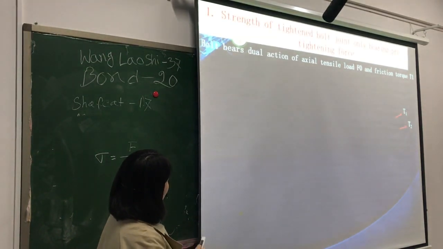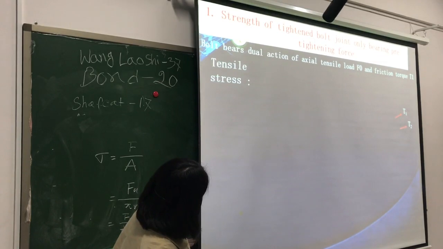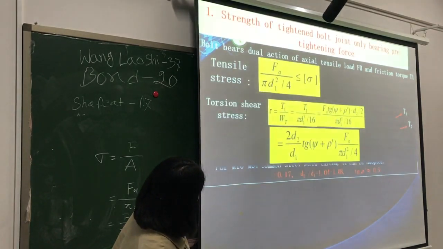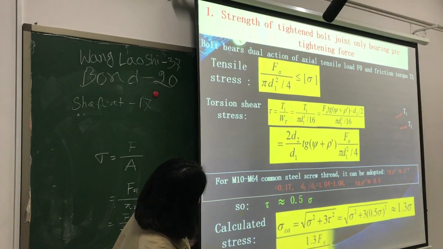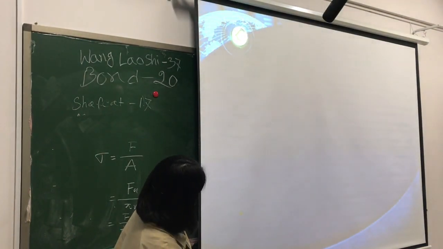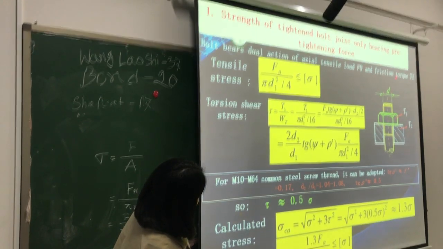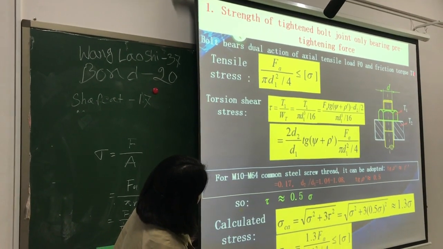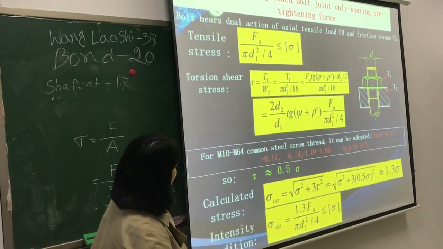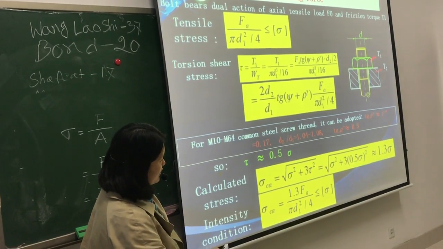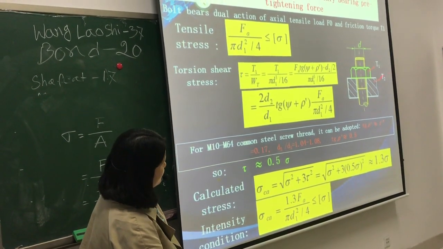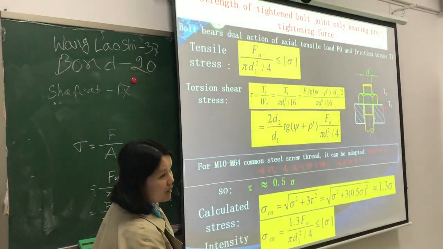In this condition, the bolt bears axial tensile load F0 and friction torque T1. T1 is the friction between the bolt threads, and T2 is the friction of the members.